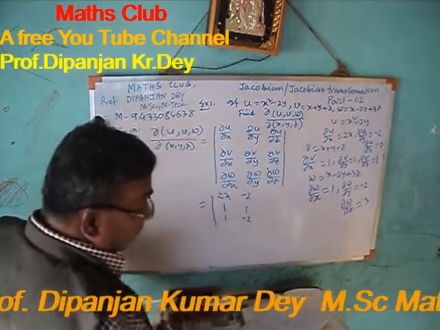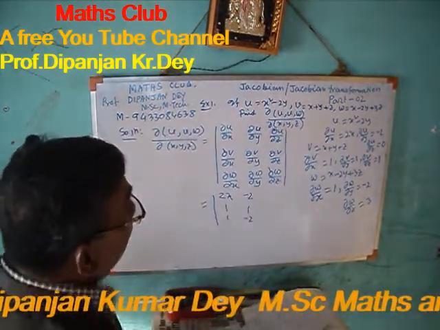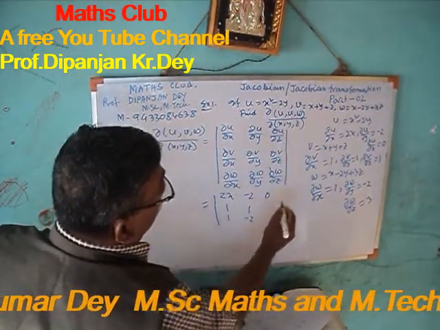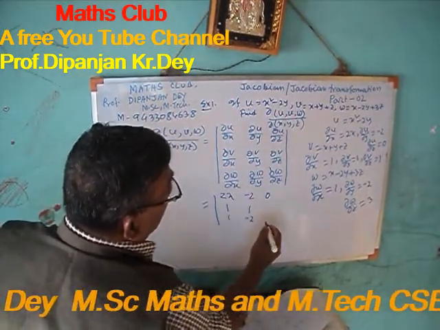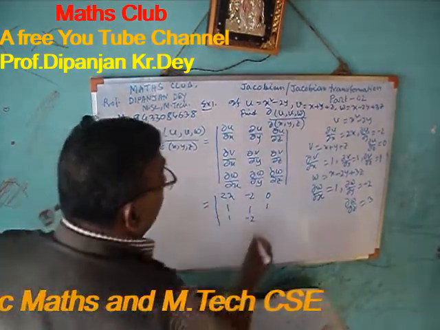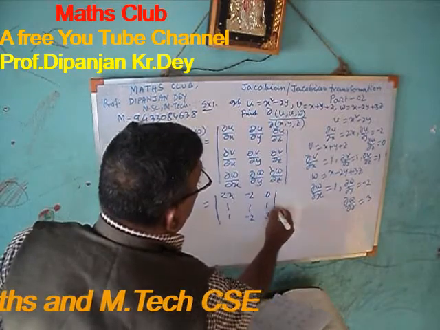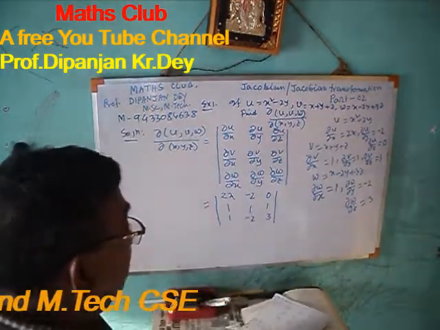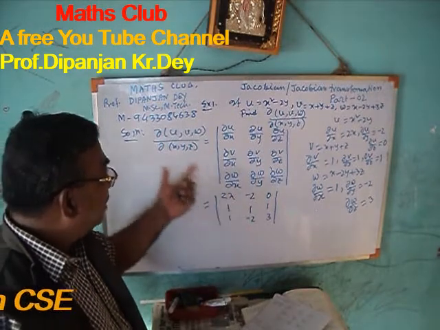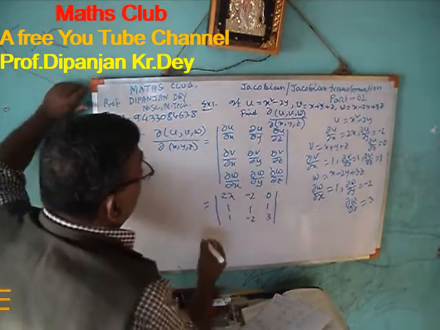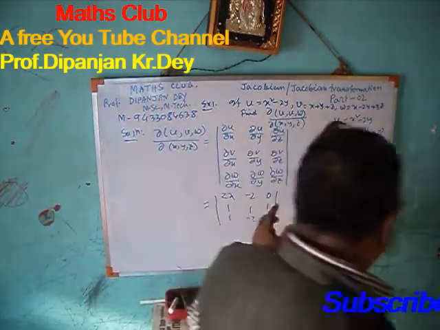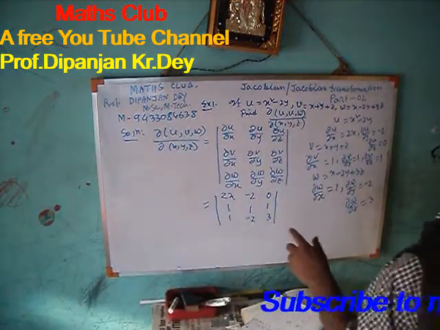Similarly, del u by del z is 0, del v by del z is 1, and del w by del z is equal to 3. Now you have to expand this determinant and get the answer. I think this is the easiest method I am telling, so try to understand the concept.